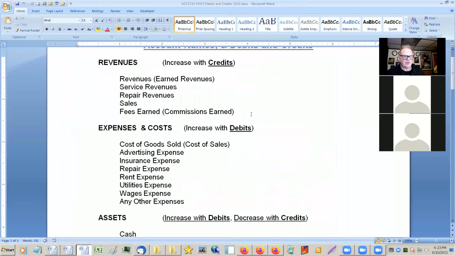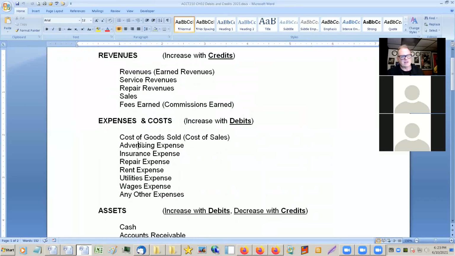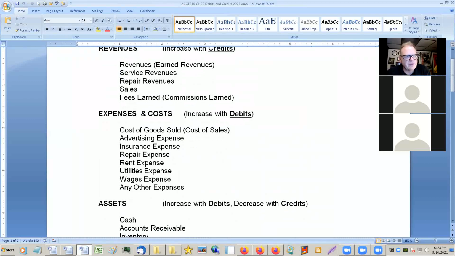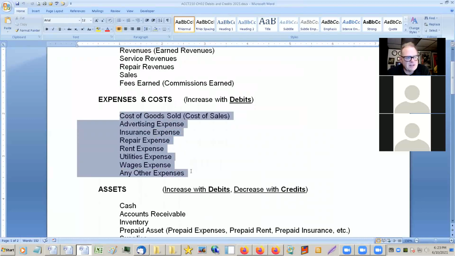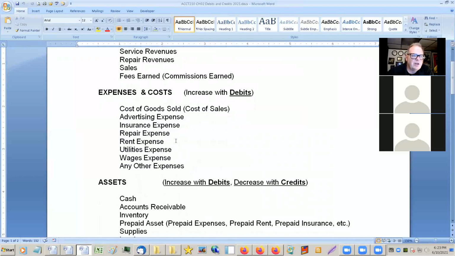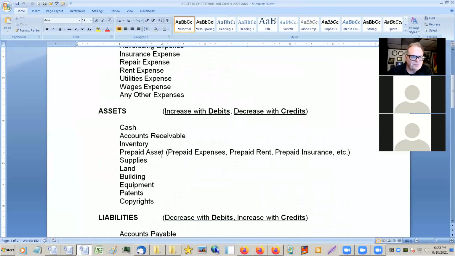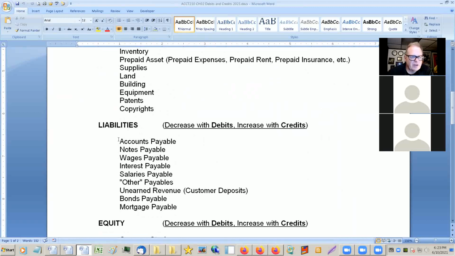I also sent you a separate one. This has the different types of things you'll see for revenues, different kinds of expenses. These are the common expenses that you'll see. Assets. And so here's the liability.